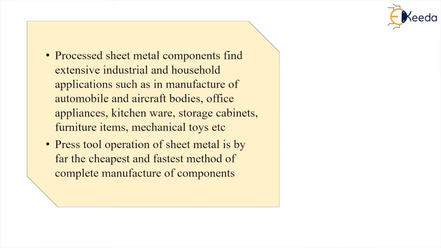Then we have office appliances and kitchenware. For example, the kitchen wash basin is produced by the sheet metal operation, then storage cabinets, furniture items, mechanical toys, etc.